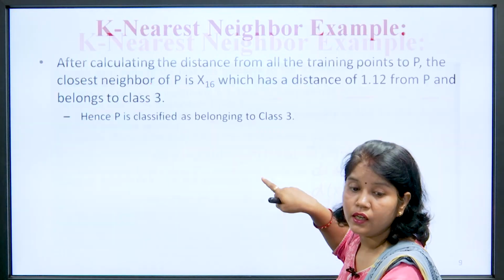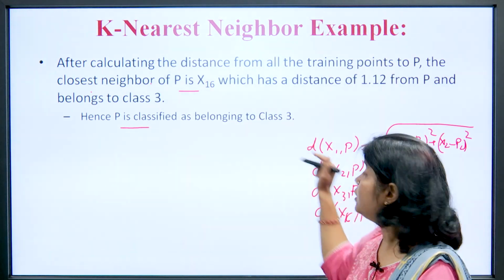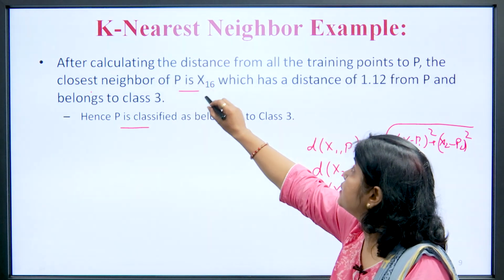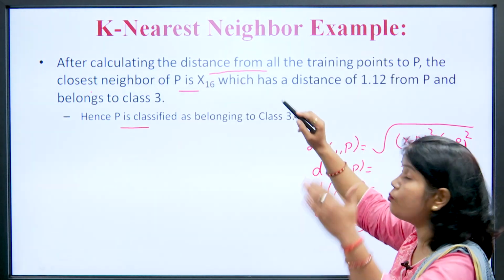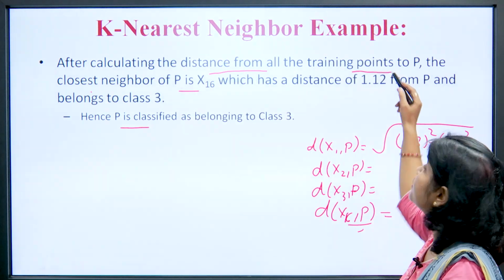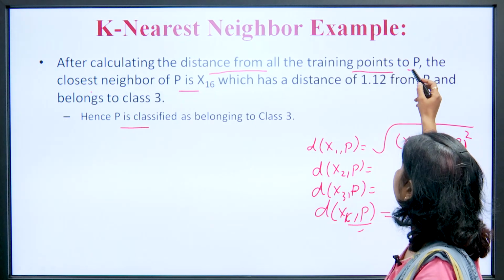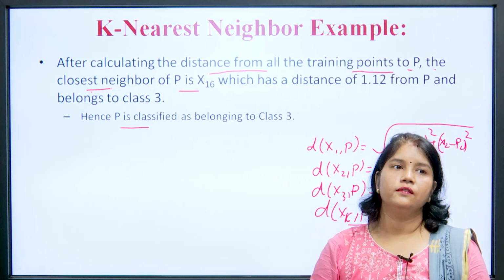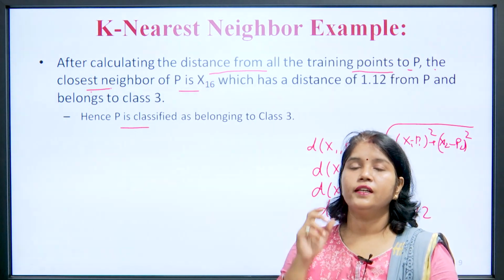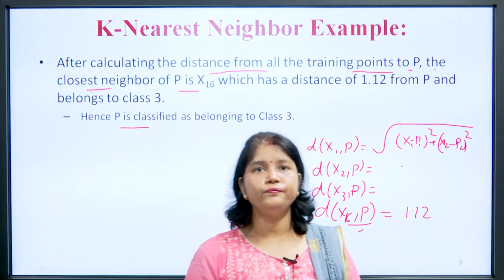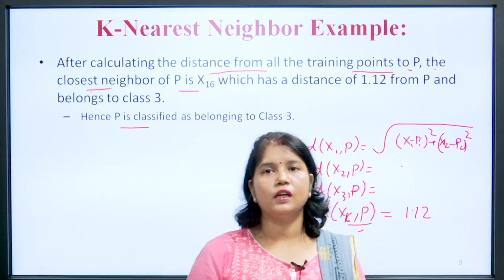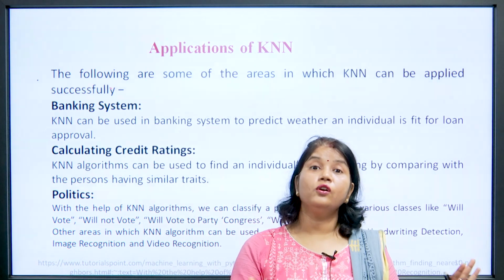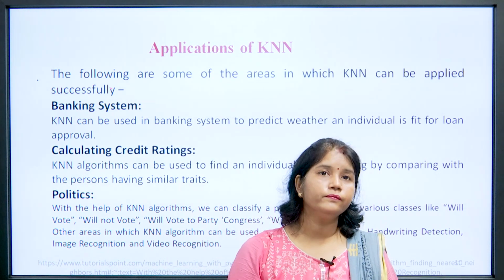You will see dx16 is the closest point after calculating the distance from all the training points to P. The closest neighbor of P is x16, at 1.12, and it belongs to class 3. I hope it is clear how the KNN algorithm works.